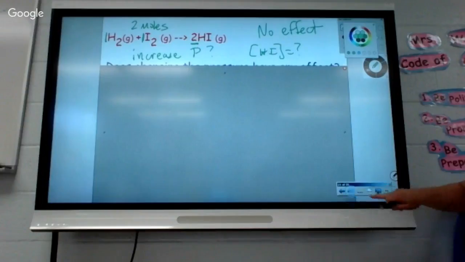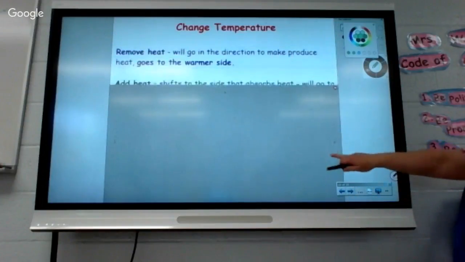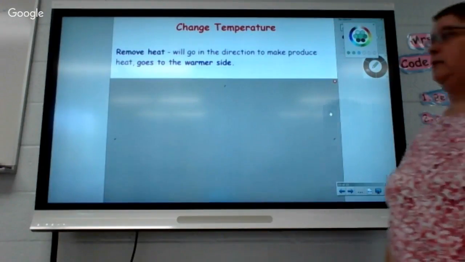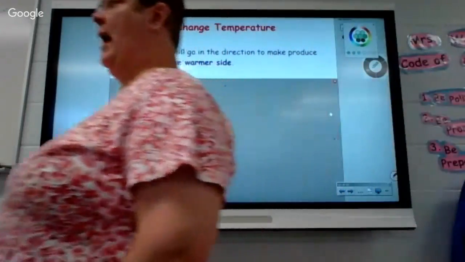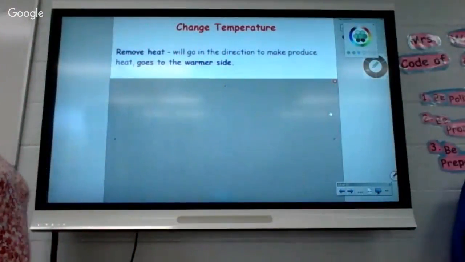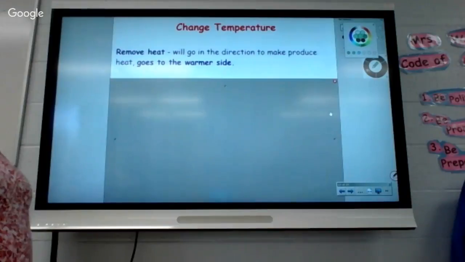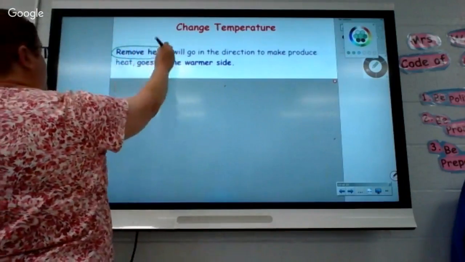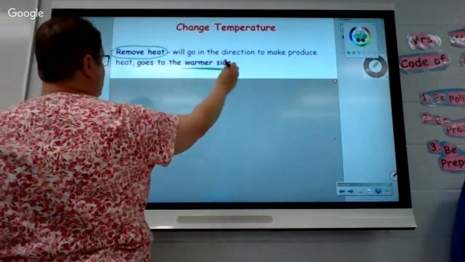All right, temperature. We can remove or add heat. If we remove heat, it will go to the side to produce heat or make heat. So if I remove heat, it goes to the warmer side.